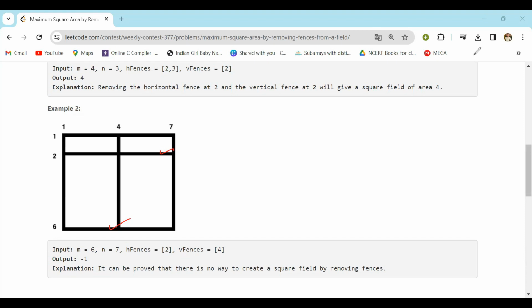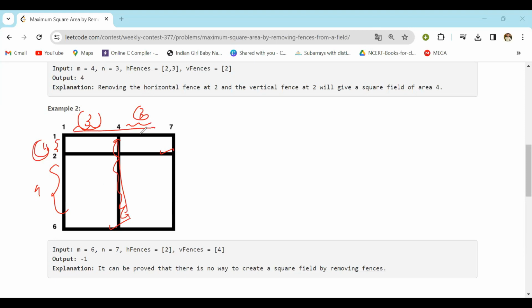Yeah, obviously we cannot form one because if we remove this fence, let's say, then this is not a square, right? Because this is 1. This is how much? 4. This and this 3. This also 3. Now if we remove this vertical fence, this is 1 and this is totally 6.